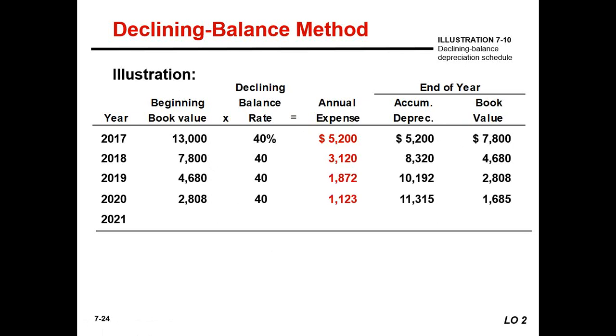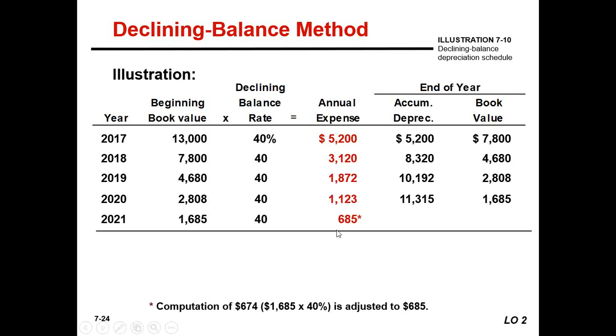Now, this is important. You cannot depreciate below the salvage value. So in the 5th year, your calculation may be different than what we need to get that just to $1,000.